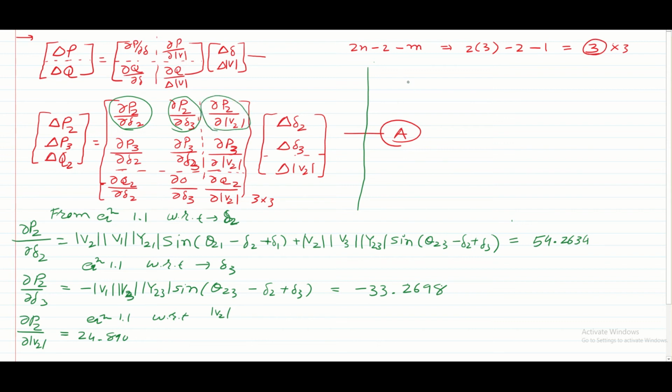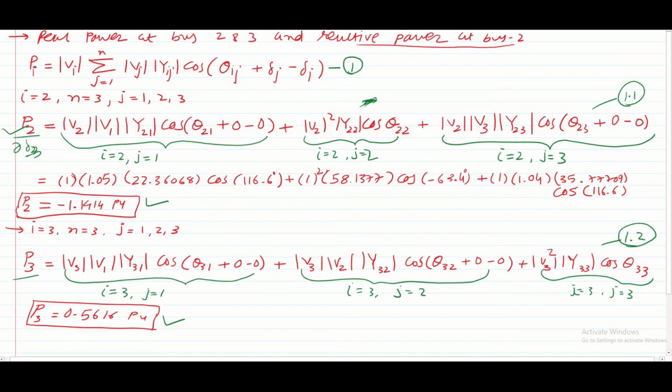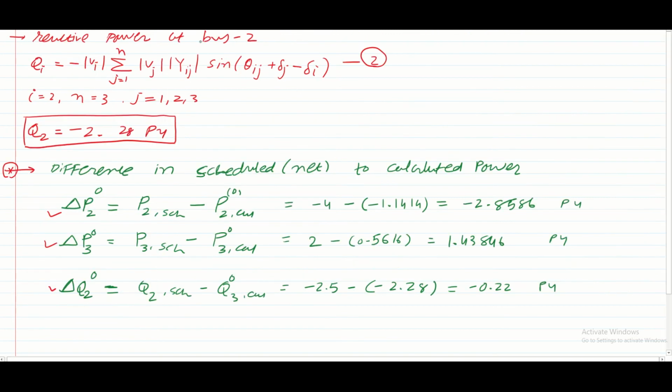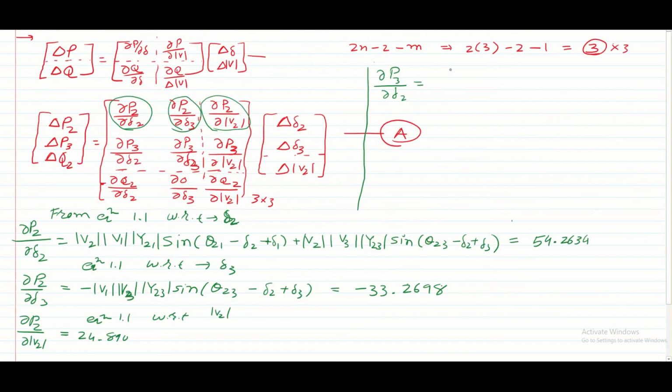Now for the next parameter, again del P3 divided by del delta 2. So again let me write, yes, equation number 1.2 with respect to delta 2.